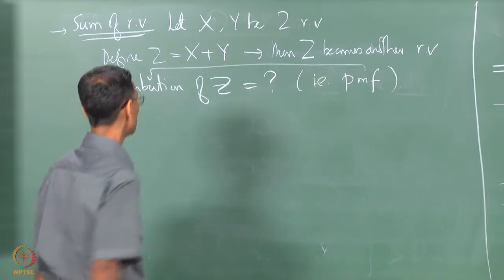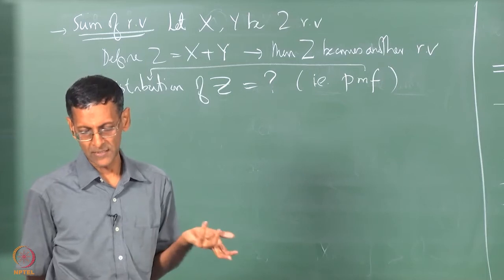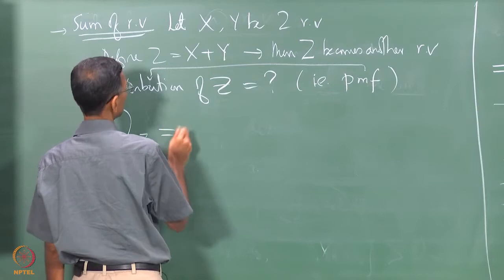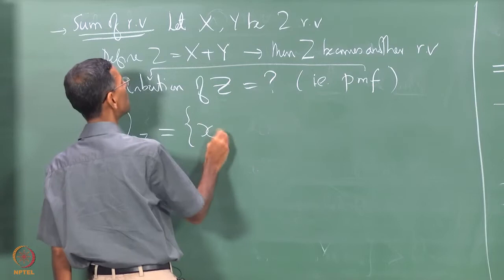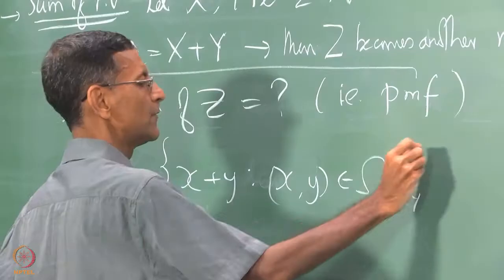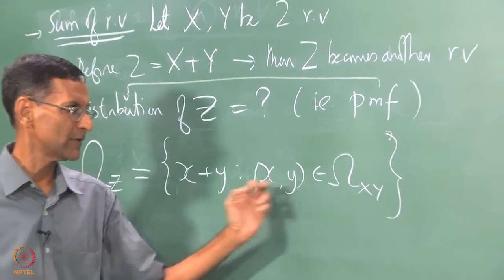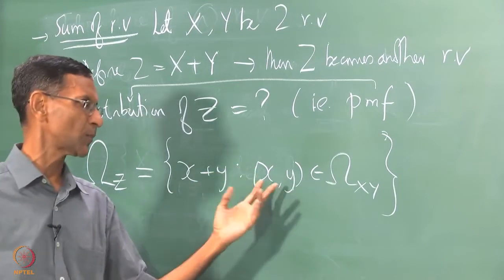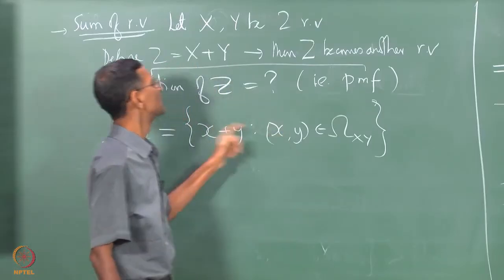First of all, if x and y are discrete, it is clear that z also can take values only in a discrete set. So how do I define omega z? Omega z is basically obtained by taking all possible values of x plus y, wherever the point x, y occurs in omega xy, in other words where the non-zero probability of the joint distribution occurs, then you add.